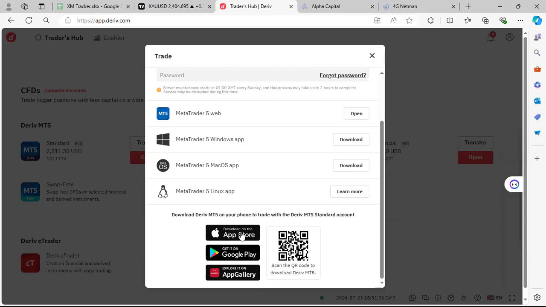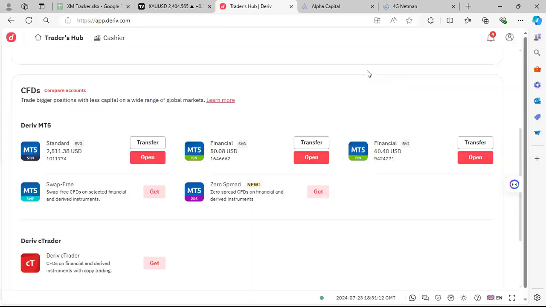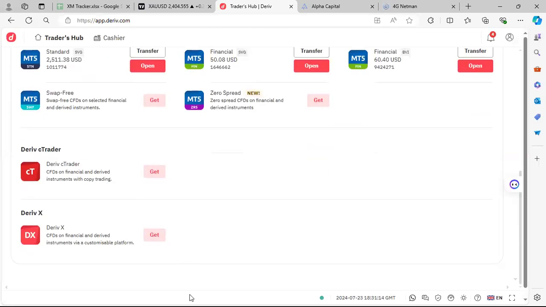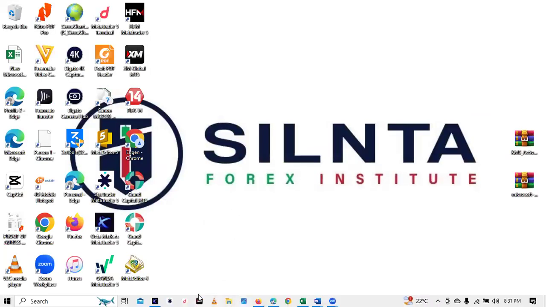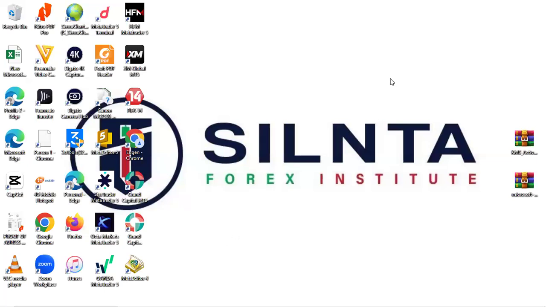If you are using a phone, you can download it from here, App Store, Google Play, or AppGallery, or whatsoever. In this case, it's not giving me an option to download. It's not a problem. I already have an MT5, so I'm just going to log in. I'll log into any MT5 that I find nearby.